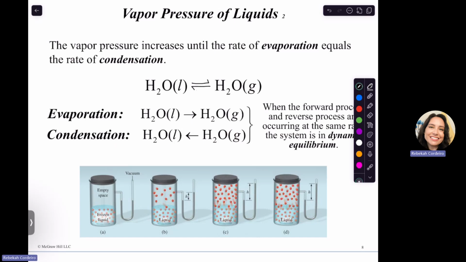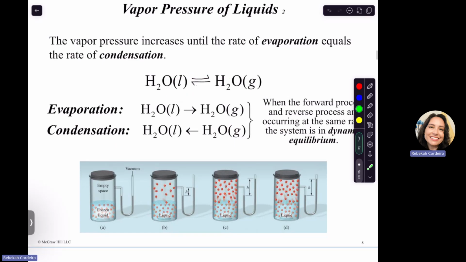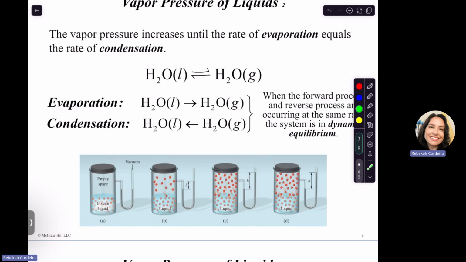If you just throw a liquid into a container, vapor pressure is going to increase until we get what's called equilibrium, where the rate forward and rate reverse are the same. We call that dynamic equilibrium, meaning we're still having processes happen, but we're not really changing the amount of either thing. So we have evaporation happening and condensation happening at the same rate.